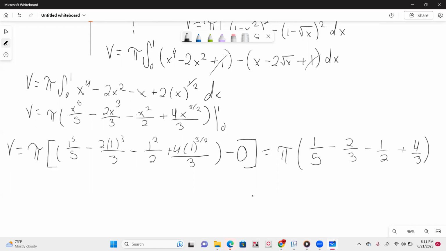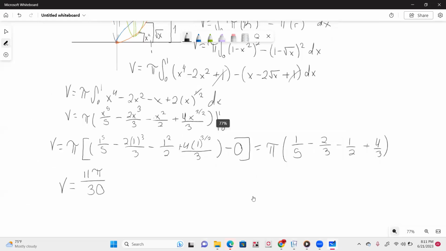Okay, now when we plug this into our calculator, add and subtract the fractions properly, and then multiply it times pi, we get that the volume is equal to 11 pi over 30. Okay, and that is our solution.